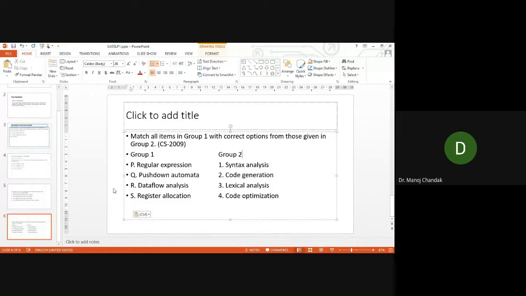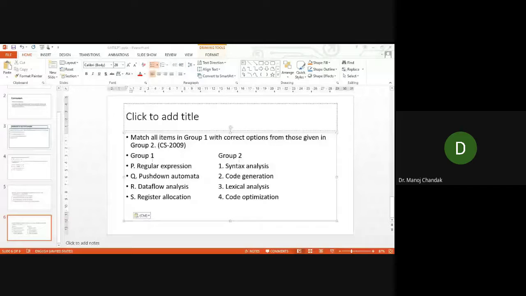So if you have register allocation, where is it done? Code generation. Data flow analysis, code optimization. Regular expression, lexical analysis. And pushdown automata, syntax analysis.